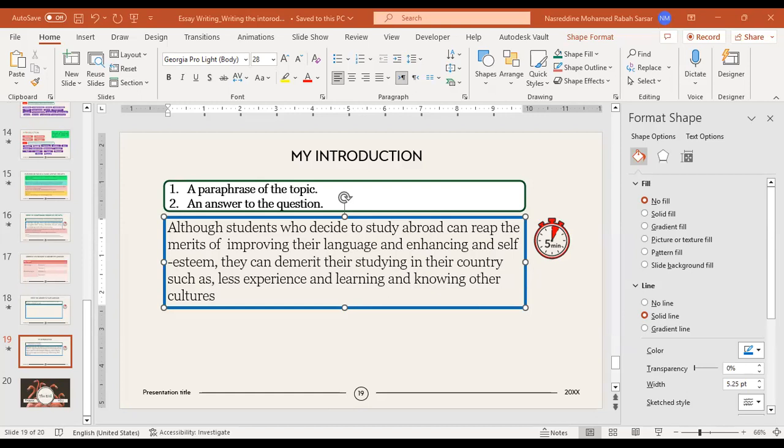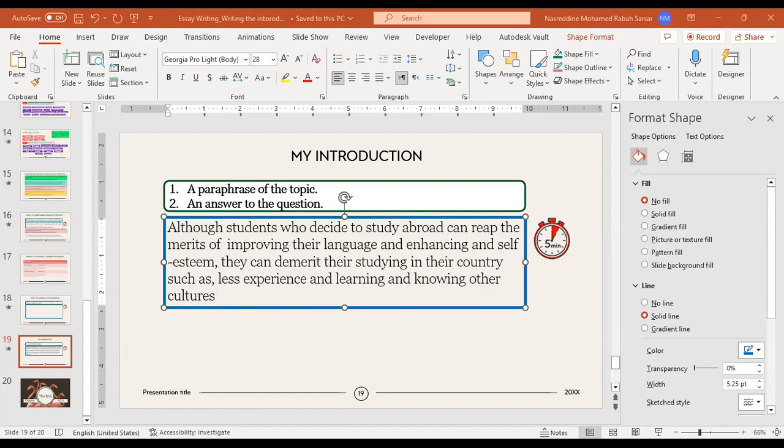So although here, the other part, which is the negative one, studying inside your country is more secure. Or you can say, when you study in your country, you will feel more secure, and you will never feel homesick because you will stay with your family, or you will have someone who will look after you. So try to use simple English.